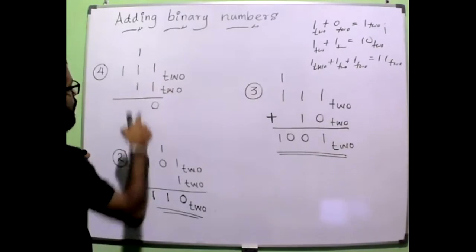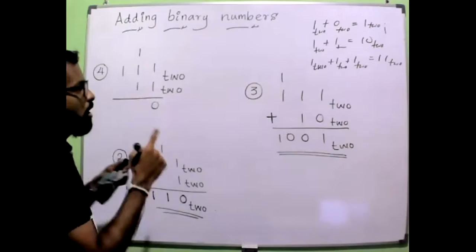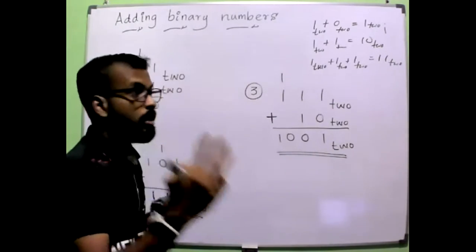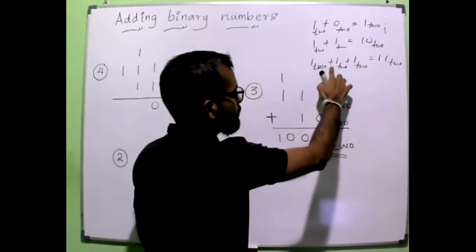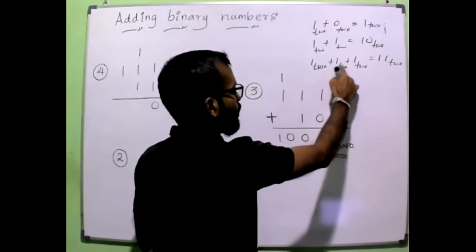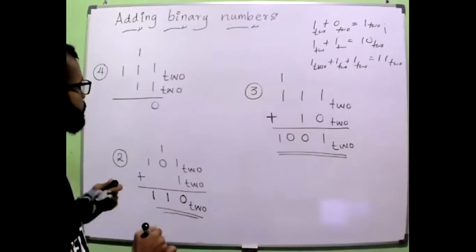1 0. 1 plus 1 plus 1. Now here I have 3 ones to be added. What is the answer? 11.